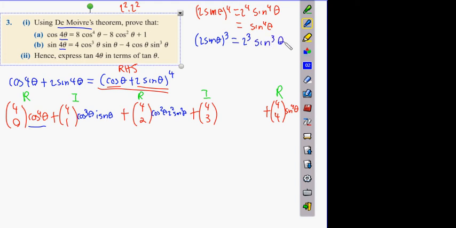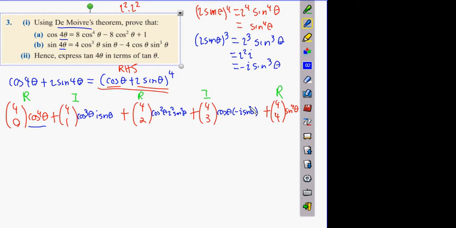And what's i³? Anybody? i³ is minus i, so it's going to be minus i sin³θ. So it's going to be cos θ multiplied by minus i sin³θ. Okay? Making sure that they all add up to the power of 4.